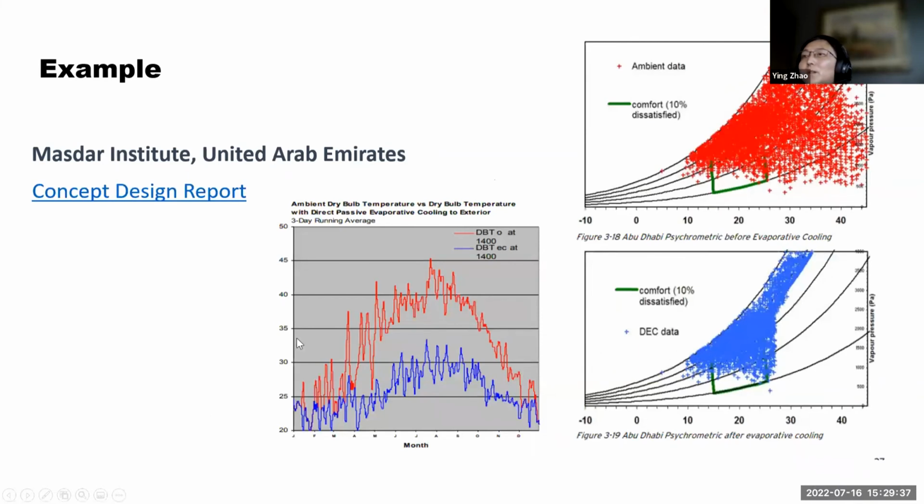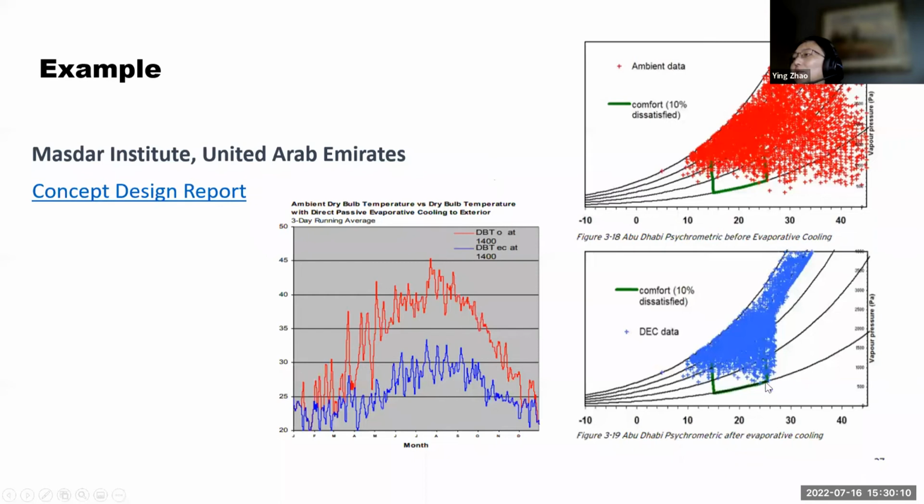So you can see with the evaporative cooling, the temperature goes down a lot. From the chart above, you can see a lot of hours are on the right side with high temperature but relatively low humidity, and with evaporative cooling, those points from the right corner go back to the comfort zone, even if the temperature is a little bit above.